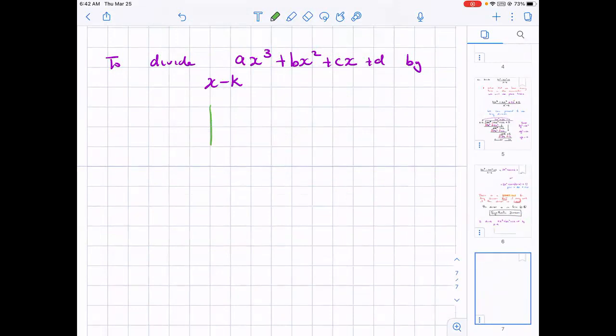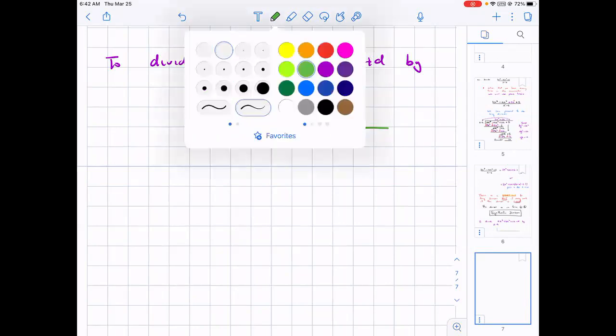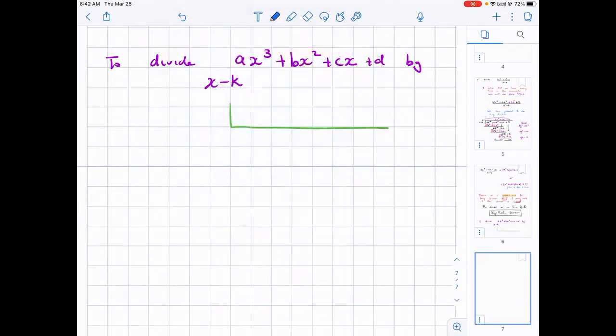Actually, I don't need to make it that big. Let's do it this way. Now pay attention here. On the outside of the box, k. So notice we don't use minus k, we just use the solution. Okay, so if we have x minus k is equal to 0, then x is equal to k, right? This is what we will use.